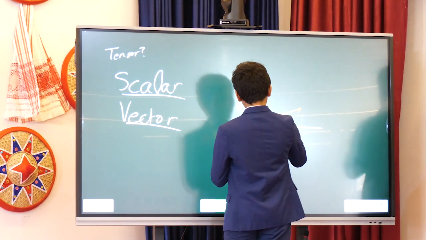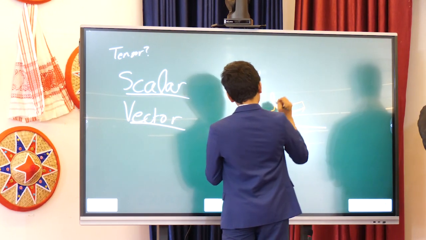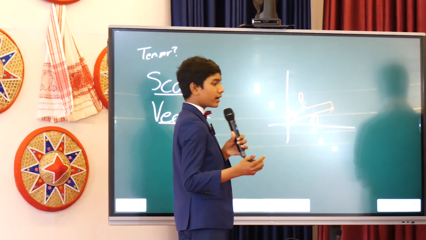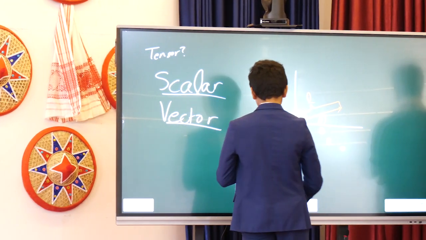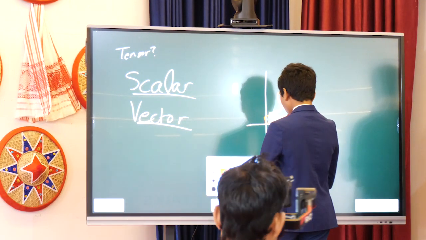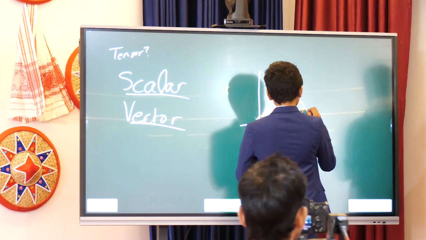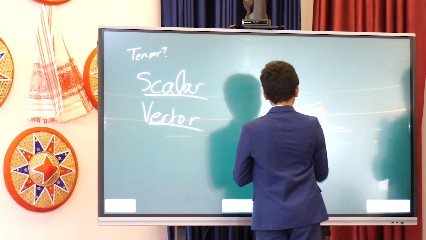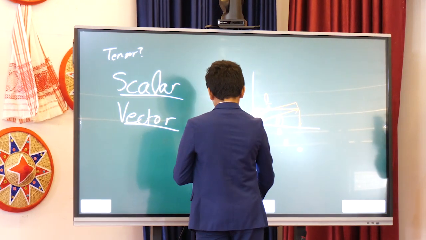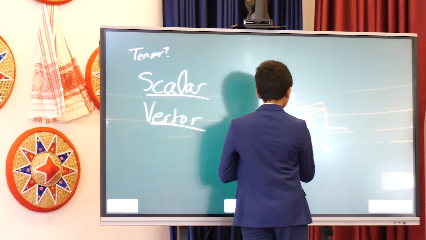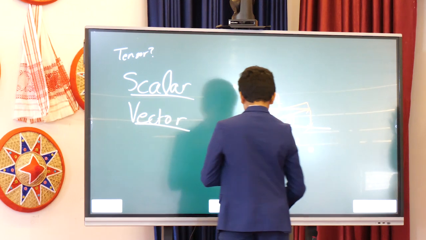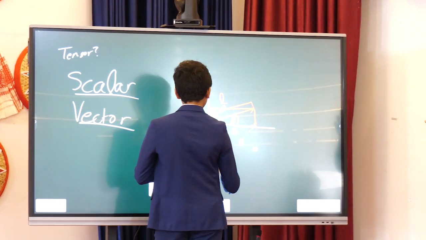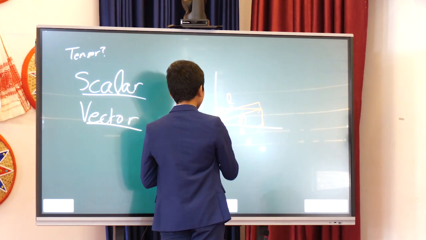So, we can actually specify these using the components of a vector. So, the components of a vector are essentially the lengths of the projections of the vector onto the x and y axes. So, this blue line right over here is the x component, and this green line right over here is the y component.